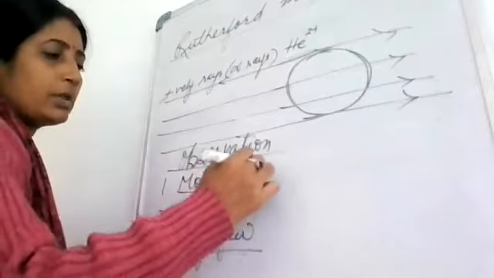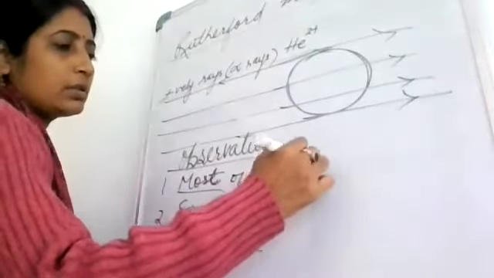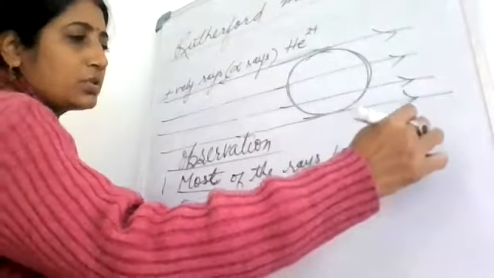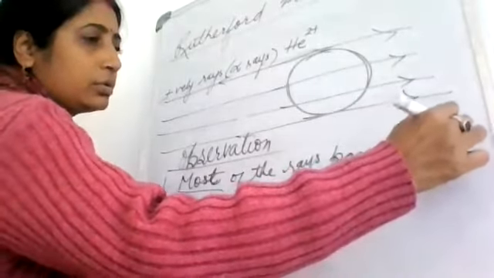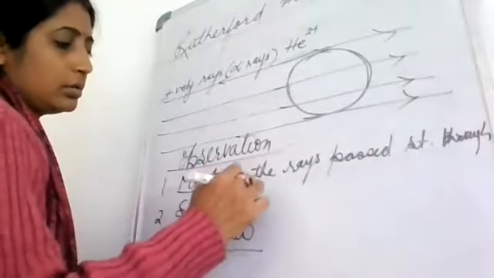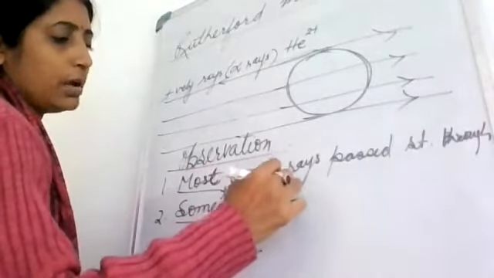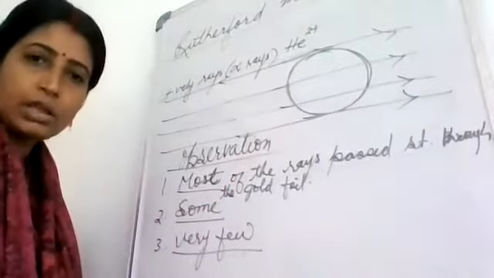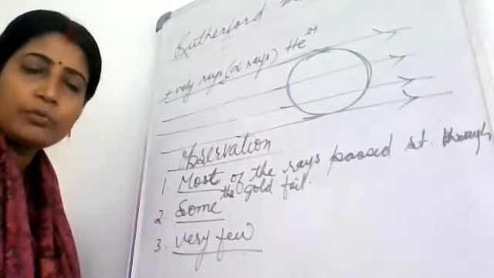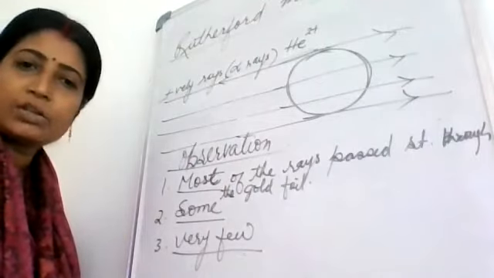Most of the rays passed straight through the gold foil. Okay, most of the rays pass straight through the gold foil without showing any kind of deflection.